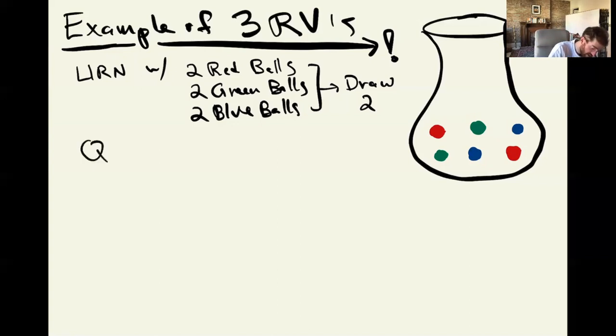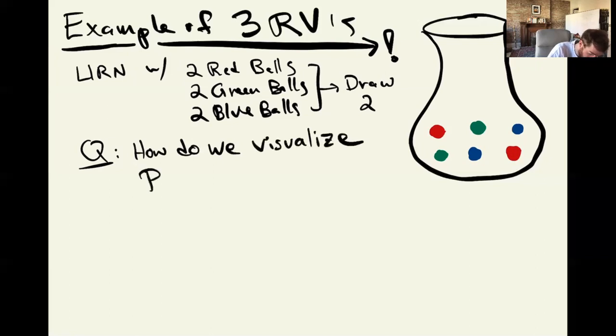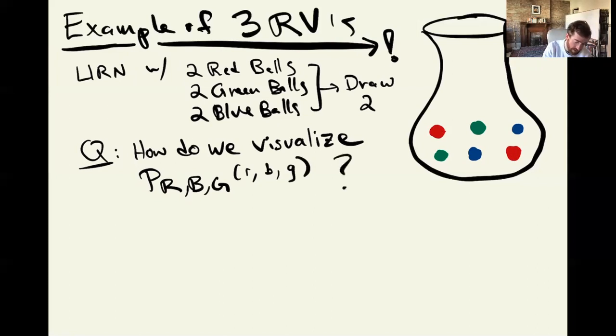So here's the question: how do we visualize the PMF of R, B, G, which counts the number of red, blue, and green balls? This is an example of a three-dimensional PMF.